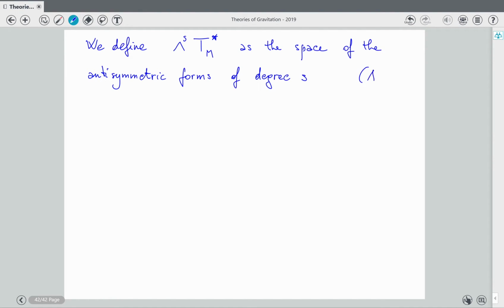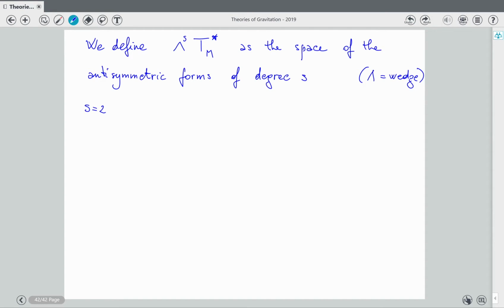So let me recall that lambda is equal to wedge. It's not a lambda, it's a wedge. What are these objects? The anti-symmetric forms of degree s. So first we give the definition in the simplest case, s equal 2, and then it's easy to give the definition for every s.